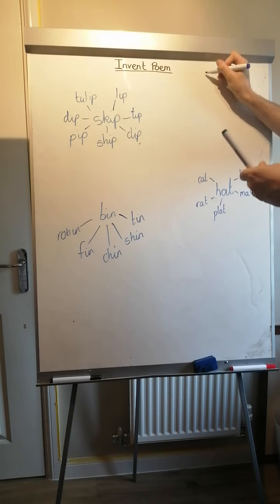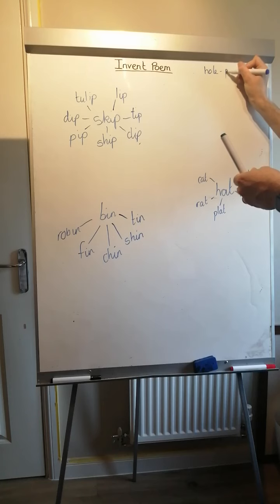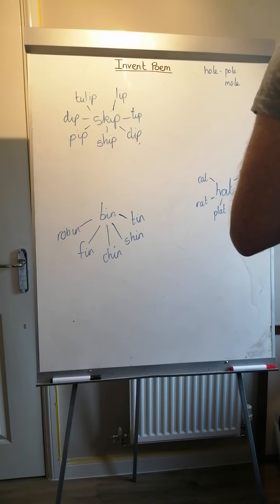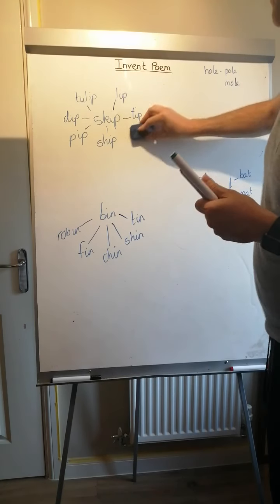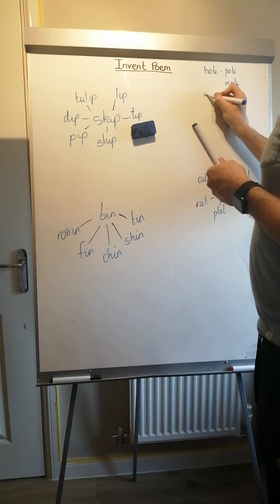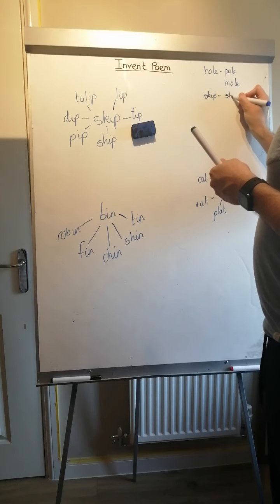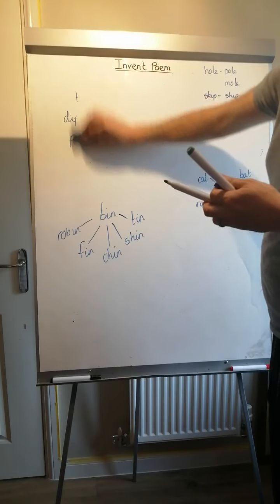So I'm going to put whole, and I chose a pole and a mole. Okay, and then for skip, I'm going to keep ship. I'm going to keep ship, and actually I chose zip for my poem, which I forgot when I came to do this. So we can get rid of that one now.